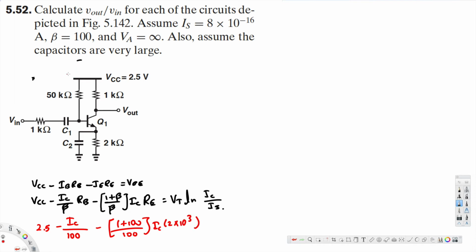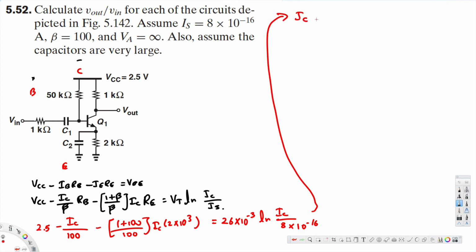Now let's go to the other side. VT is a constant value, that's 26 millivolts, so 26 times 10 to the power minus 3. Ln IC remains the same, and IS is given, that's 8 times 10 to the power minus 16. Now here IC is the only unknown variable, and if you solve for IC, you will get 708.24 microampere.